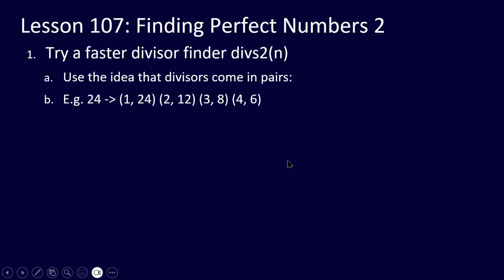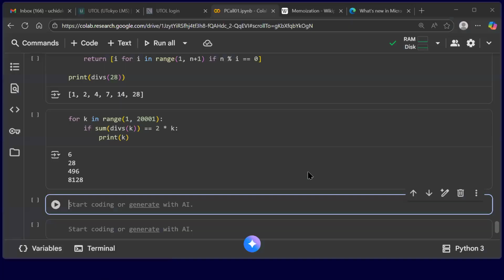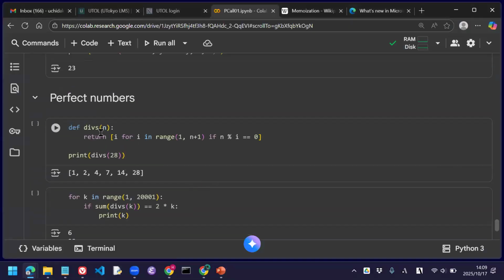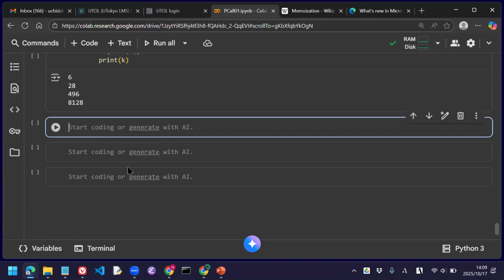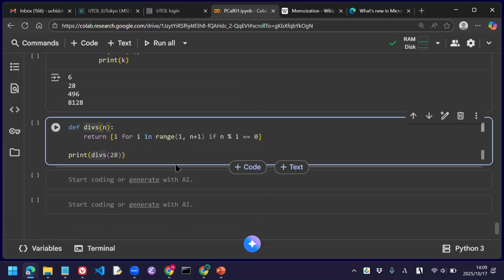So that's the idea. When i is a factor of n, append also q equals n divided by i, the quotient of i. So let's implement that and check it. This function is divs1. We will define another function, divs2, with this idea.